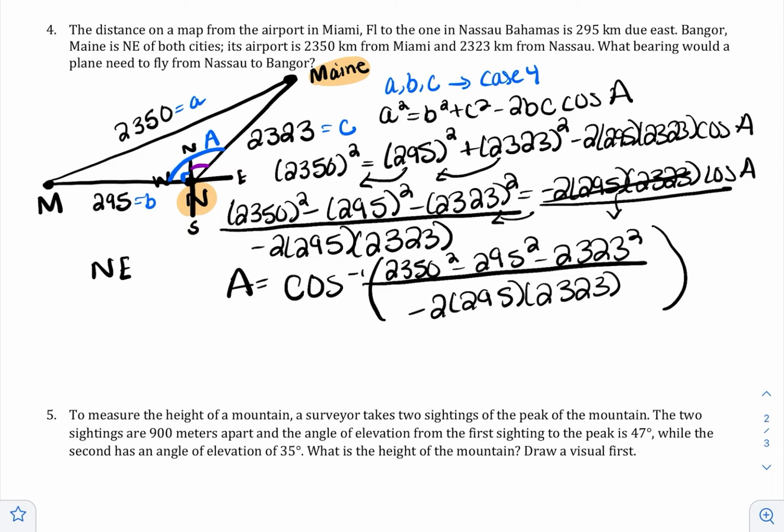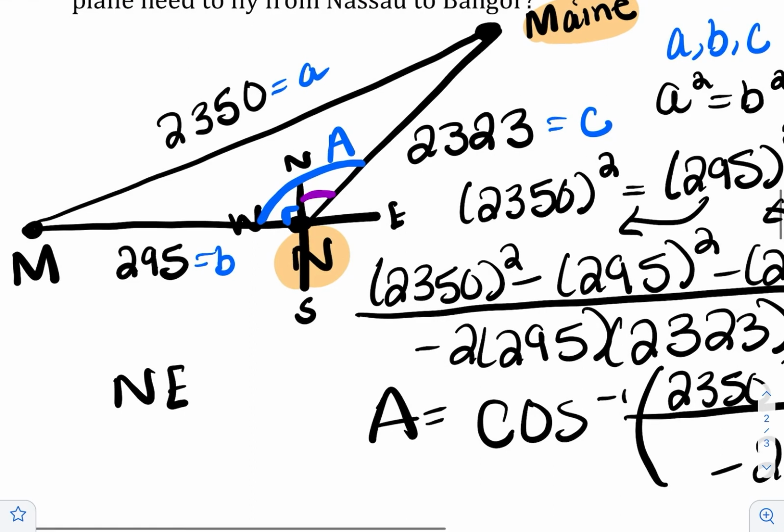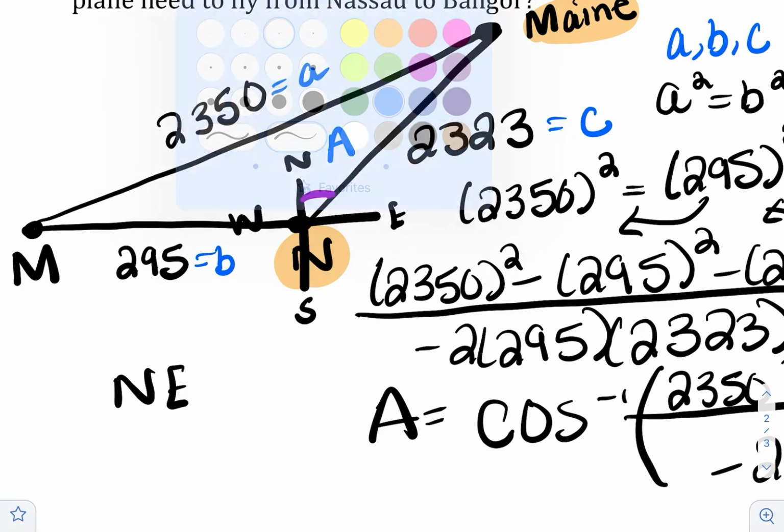But remember, I'm not looking for all of A. I'm only looking for the purple part. So the big blue is A. This is what I just found. And then this part right here is 90 degrees. So the blue is the green and the purple together. So the green is 90 degrees.